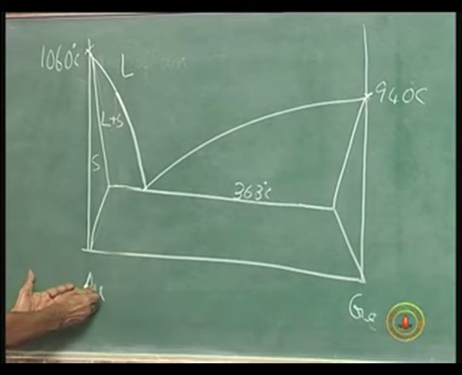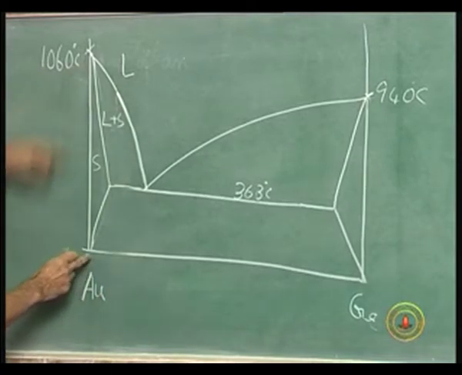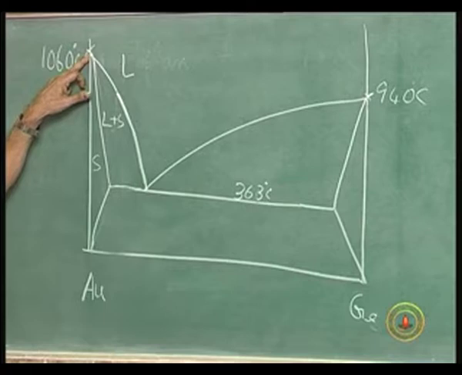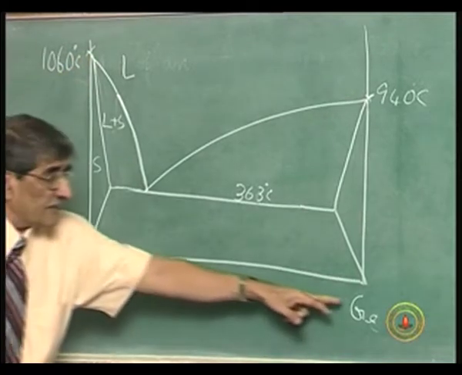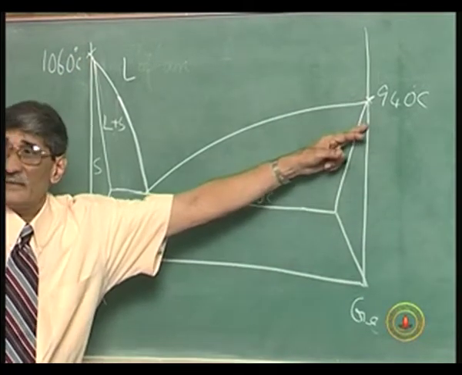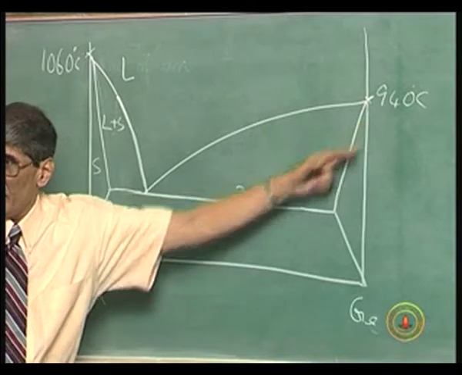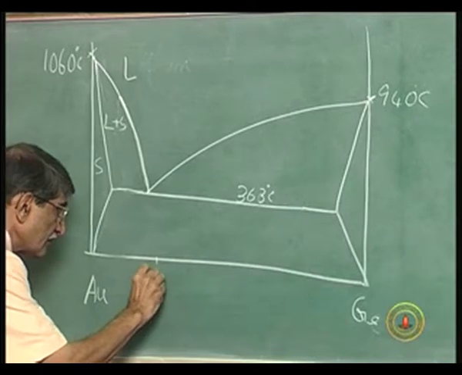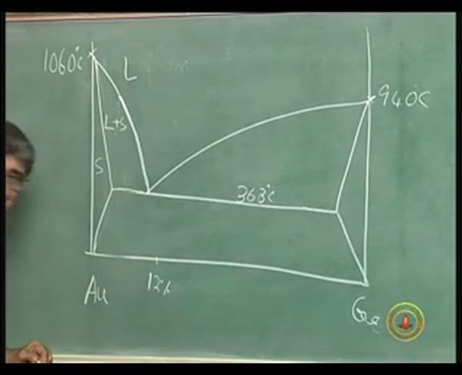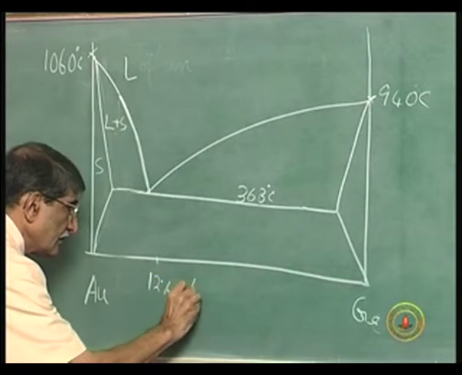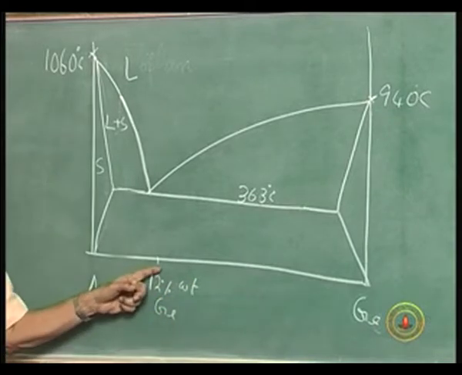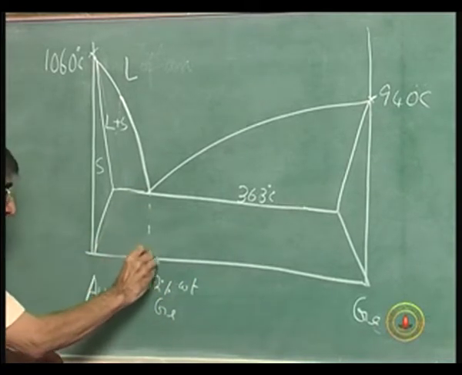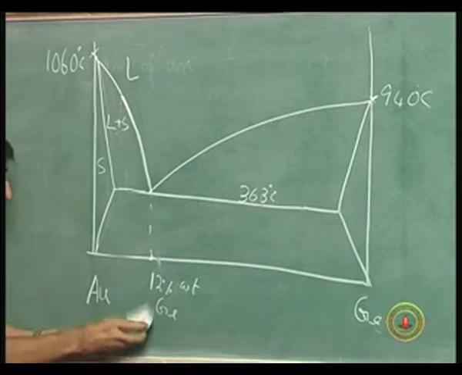vary gold from 100%, melting point is 1060, and if germanium alone is there, 100%, melting point is 940 degrees centigrade. If the composition is 12% by weight germanium, at that point, that is the melting point.